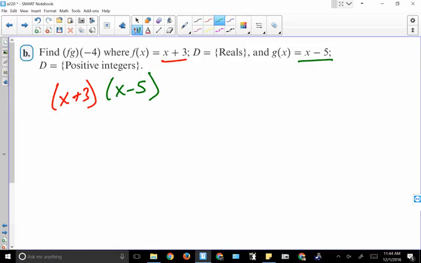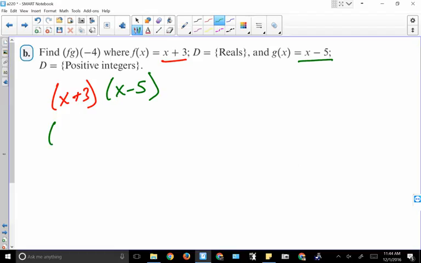Now, if I'm looking just for a number, could I plug in 4 just like it is there, if I felt like it? And the answer is yes. If I don't need the actual function, I can just plug the number in where it sits, just as long as I know that it's got to be multiplied.